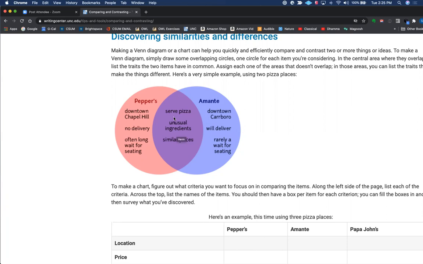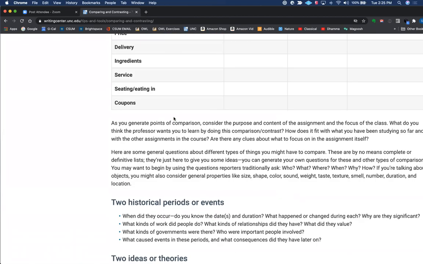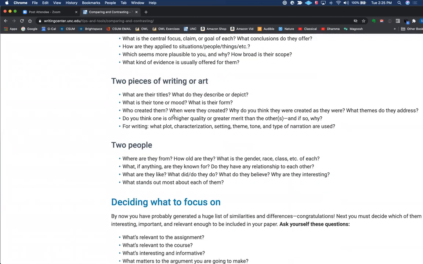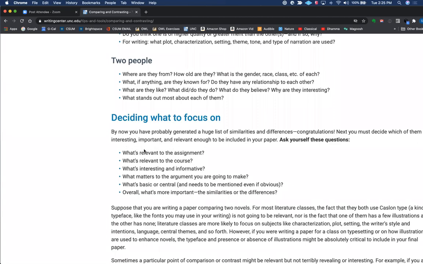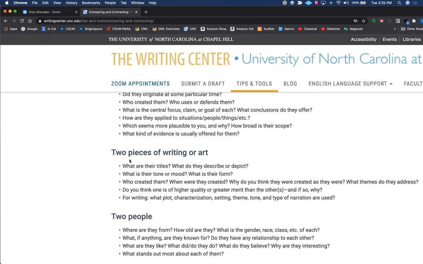So, to continue along with that, there are basically 2 ways that you can do it. You can take the most relevant things that you're going to say and organize them either by dealing with all the similarities first in a paragraph or 2 or 3, and then dealing with all the differences in a paragraph or 2 or 3.